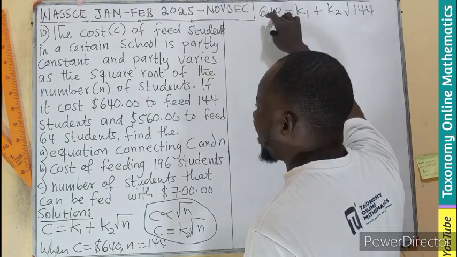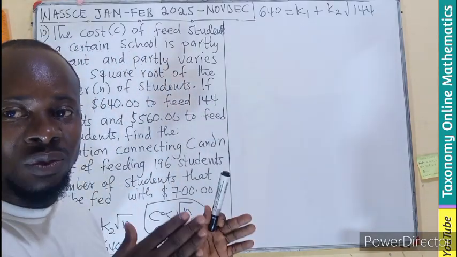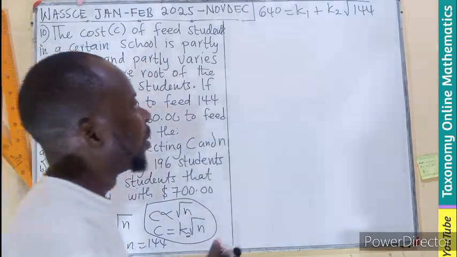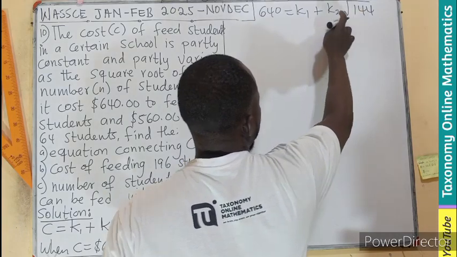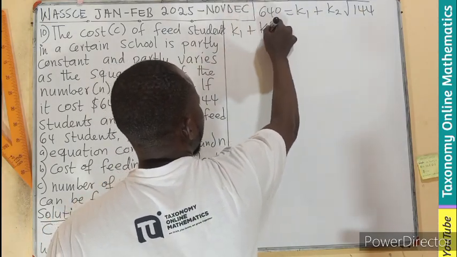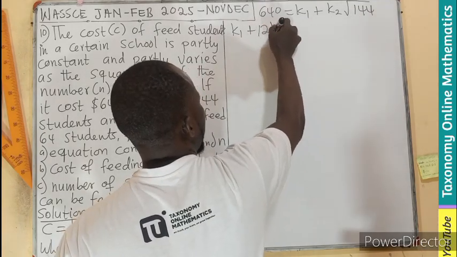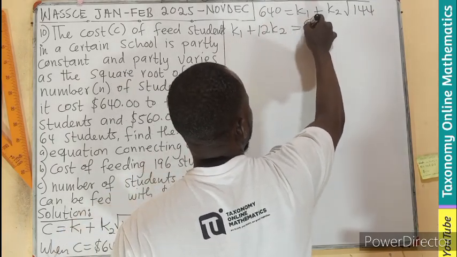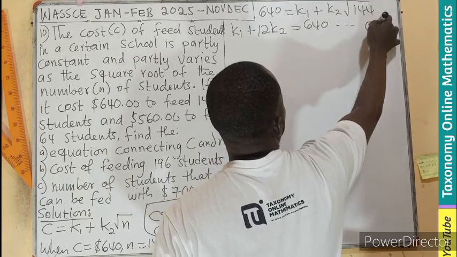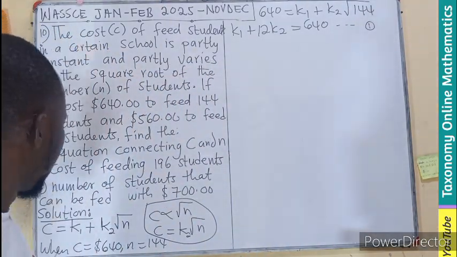This is the N and this is the C. And we know root 144 is just 12 times 12, that is 12. So let me rewrite it: K1 plus 12 times K2 equals 640, as my first equation, since both K1 and K2 are not known.